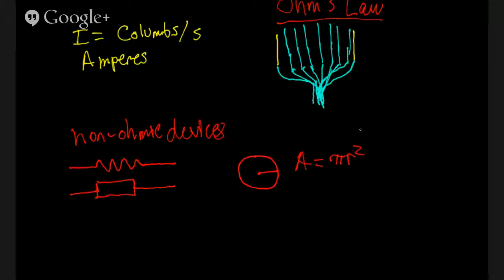Either way, cross-sectional area is inversely related to resistance. The more cross-sectional area you have, the less the resistance. And that's important in a lot of things.